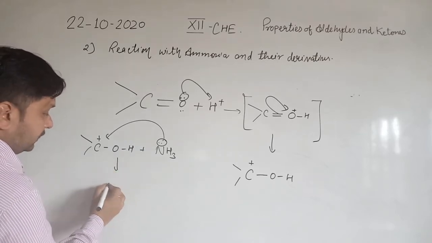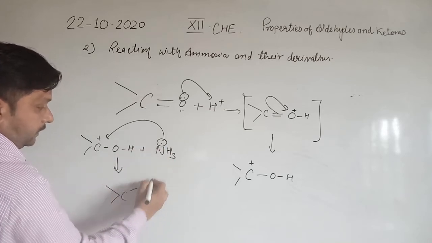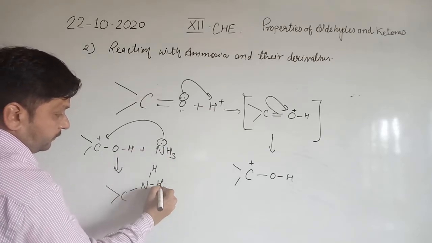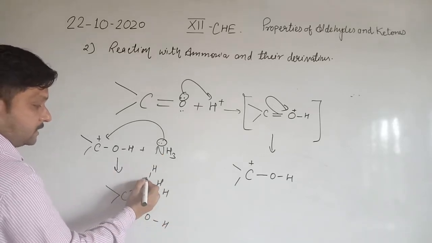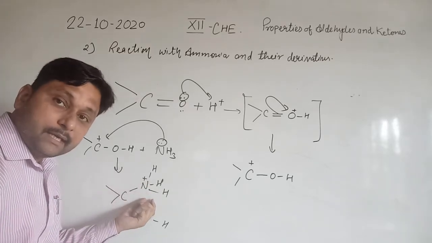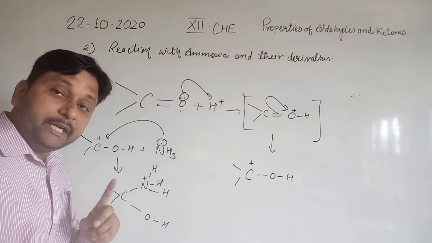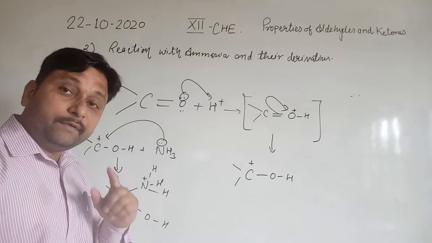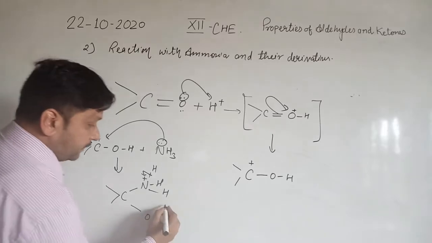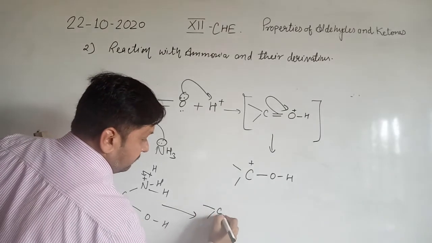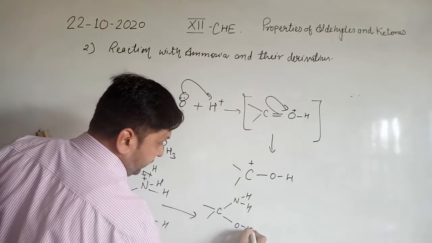It means it will show C bond N with 3 H, O with a single H, and this nitrogen shows a positive charge. So out of these three, any one of the hydrogens will be eliminated in the form of H ion by the loss of electrons towards this nitrogen atom. Okay, and this will be converted into C bond N bond H bond O bond H.